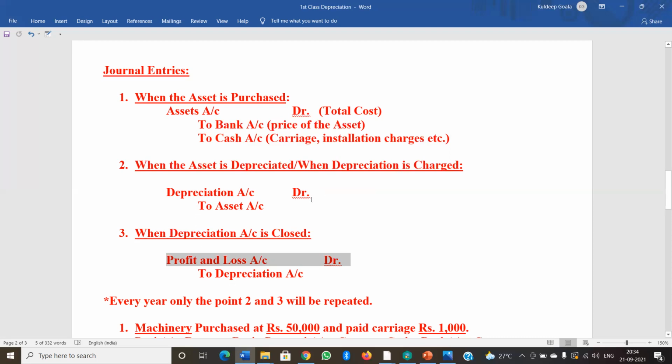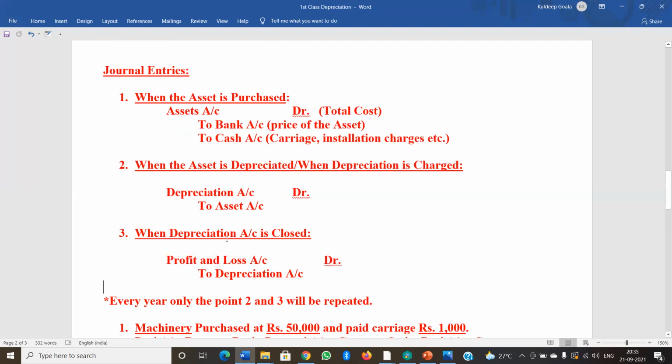Depreciation shows a debit balance, just credit it and it will be closed. And where will this amount appear? In the profit and loss account. If it is an indirect profit, it will go on the credit side of the profit and loss account. But since depreciation is an indirect loss, it will come on the debit side. So the journal entry comes like this: profit and loss account debit to depreciation account.